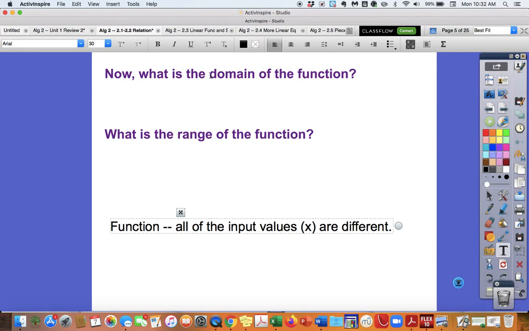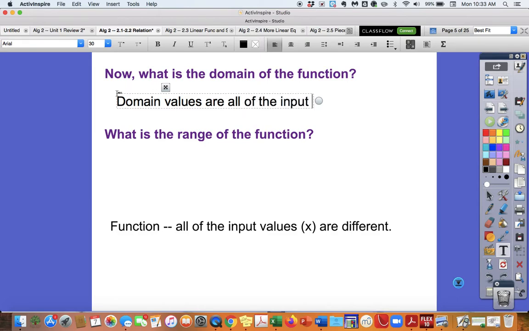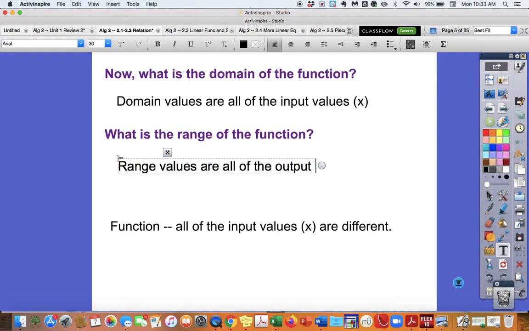Now let's answer this question about domain. Domain values are all of the input values, so basically all your x's. Range values are all of the output values, or your y's.